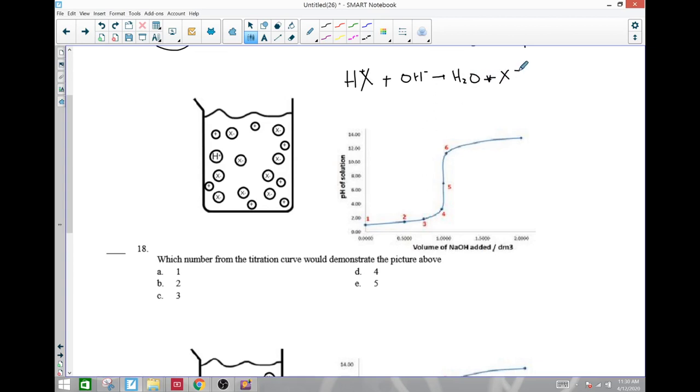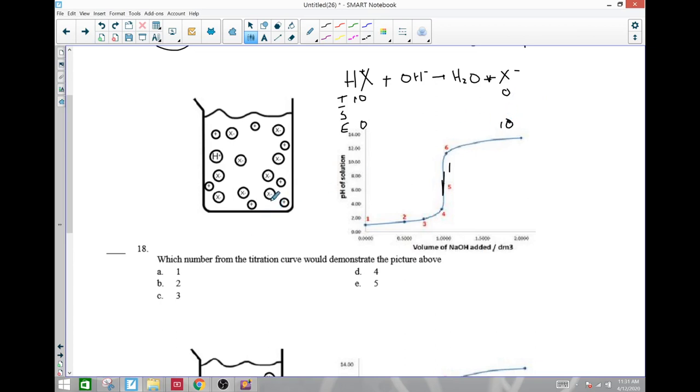Okay, so when we reach equivalence, which is at this peak right here, then this one went from some initial amount to 0. Let's say I had 10 of these, then I would have 0 of these to start with, and I would lose all 10. I would be having 10. And the water is just everywhere, so they aren't showing it.